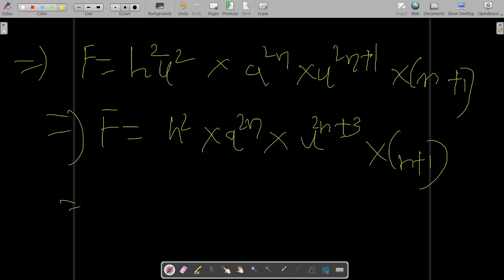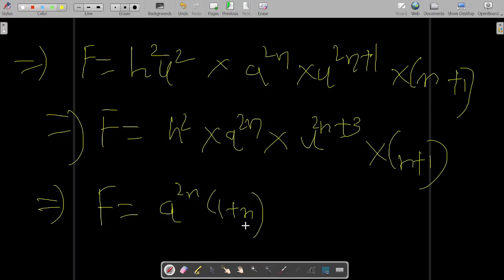Now rearranging the terms, what do you get? a to the power 2n right over here, and 1 plus n like this, u to the power 2n plus 3 over here, and h square over here.